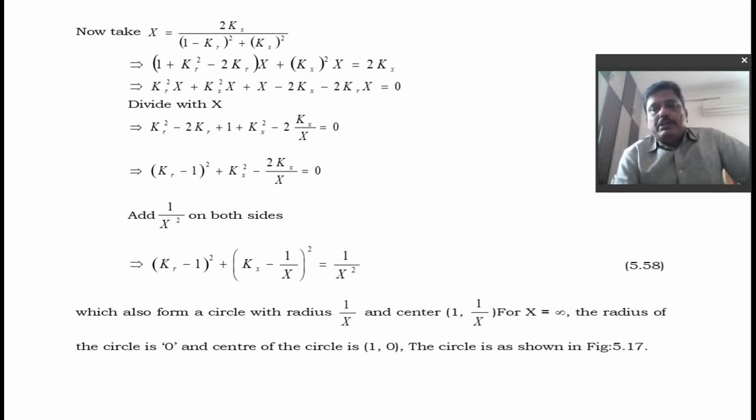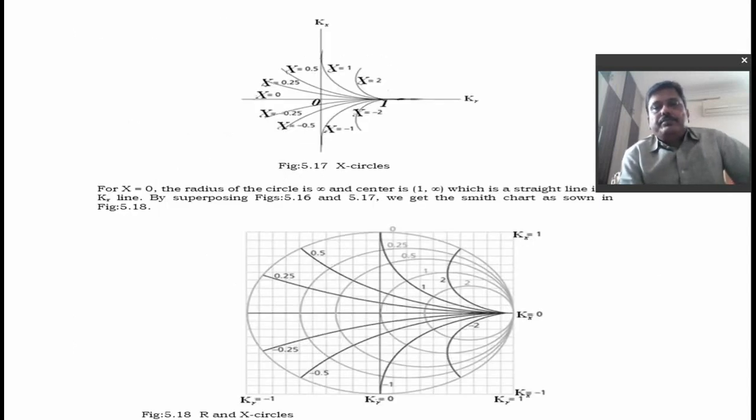For x equal to infinity, the radius of the circle is 0 and the center of the circle is (1, 0). The circle is as shown in the figure. For x equal to 0, the radius of the circle is infinity and the center is (1, infinity), which is a straight line, the kr axis line.